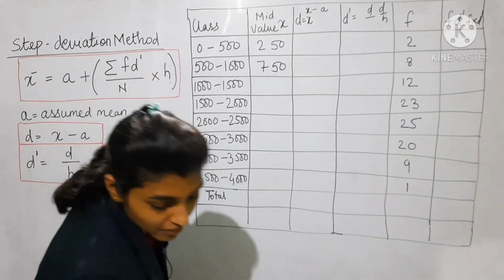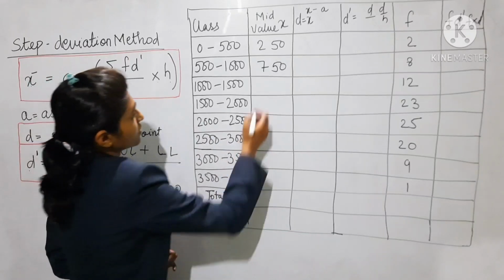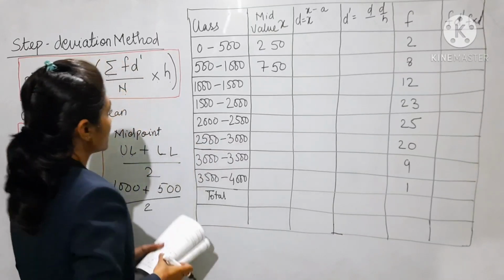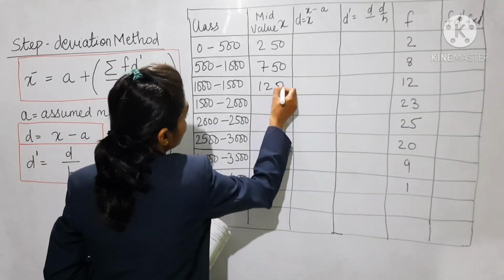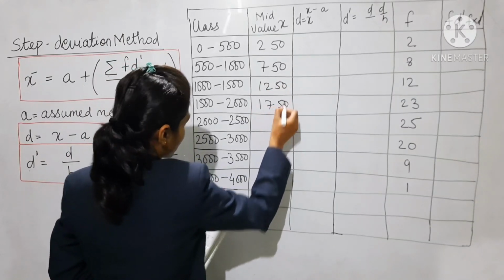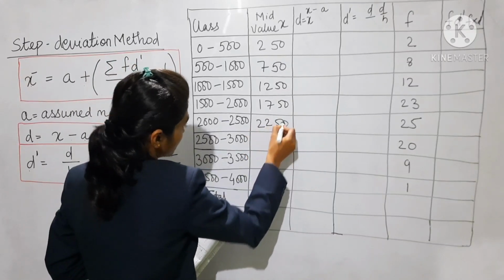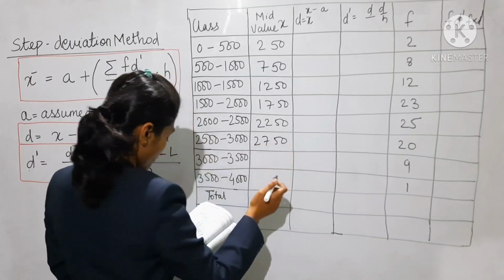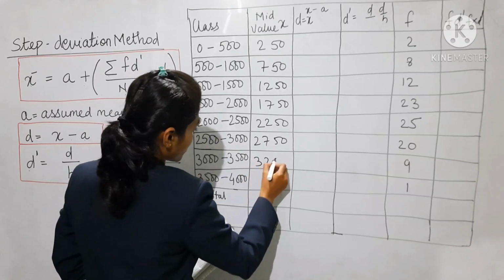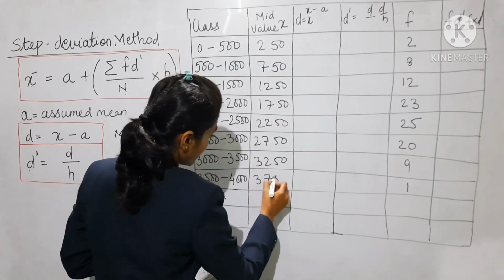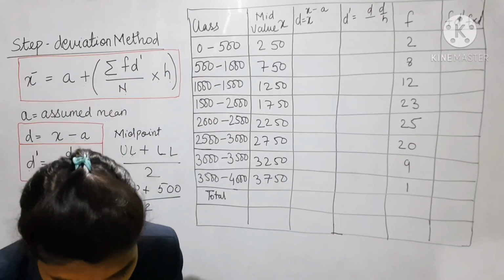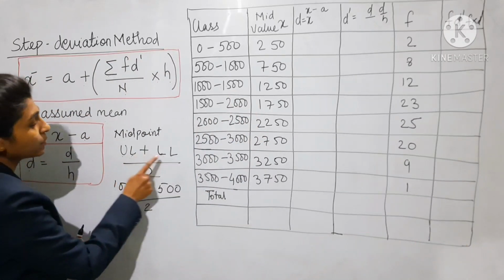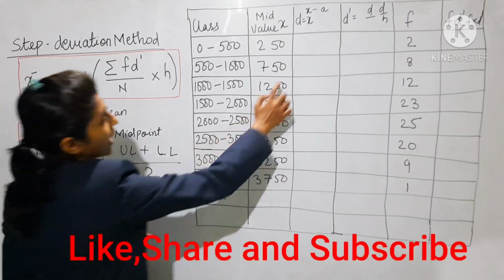The remaining mid values will be 2250, 2750, 3250 and 3750. So I have got the mid values of all the classes. I will repeat how I got the mid value: upper limit plus lower limit divided by 2.